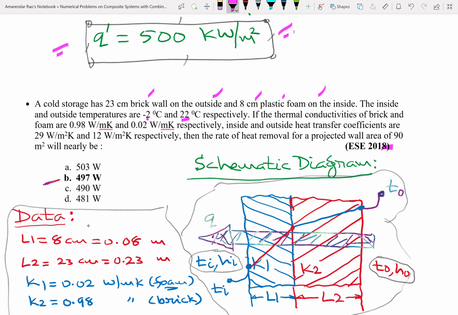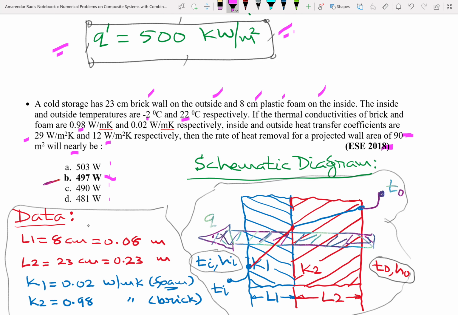If thermal conductivity of the brick and foam are 0.98 and 0.02 respectively, inside and outside heat transfer coefficients are 29 and 12 respectively, then the rate of heat removal for a projected wall area of 90 meters square will nearly be 503 watts, 497 watts, 490 watts, 481 watts.